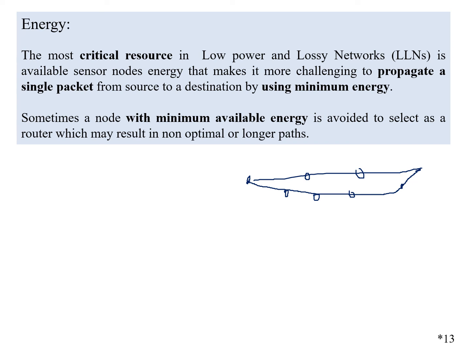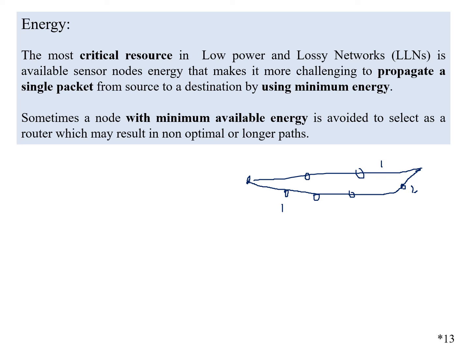And you can see in path 2, path 2 is longer as compared to 1. And you put another condition, which is that in path 2 all the nodes, node 1, 2, 3 and 4, are higher power nodes.